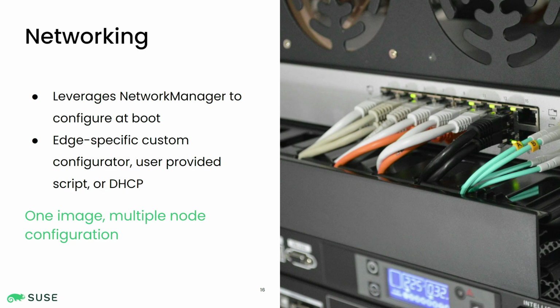In any case, if anything fails in the first place, we will always default to DHCP, just because this is a valid way of loading hostname, networking configuration, and so on and so forth. So again, as with everything else so far, we give a lot of freedom to the user, a lot of different options, and they're able to use the one that they see fit for their cases.